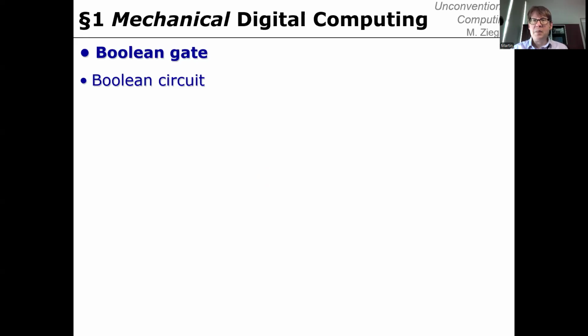Conventional computing means digital computing, means Boolean gates and combining Boolean gates to form Boolean circuits. And we discussed several unconventional ways of realizing Boolean gates.